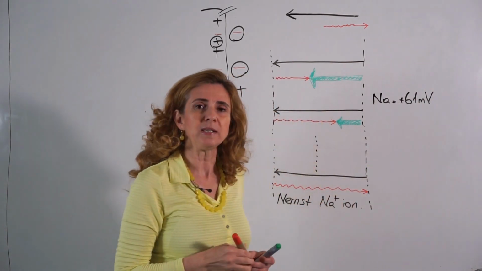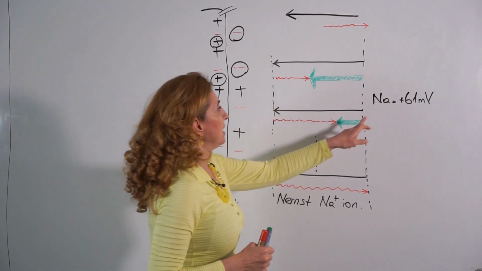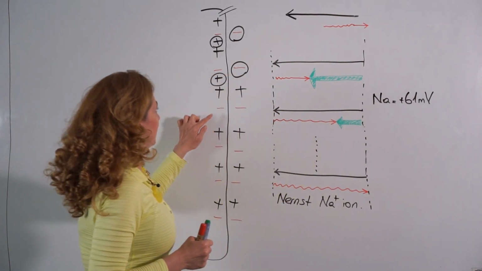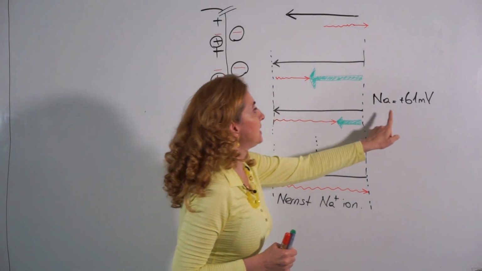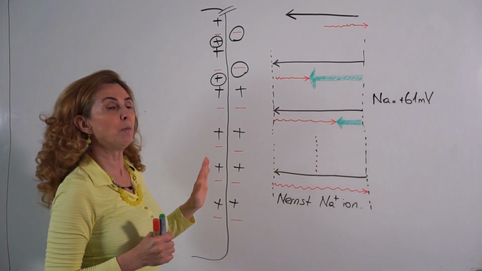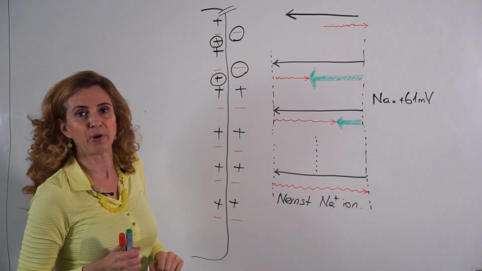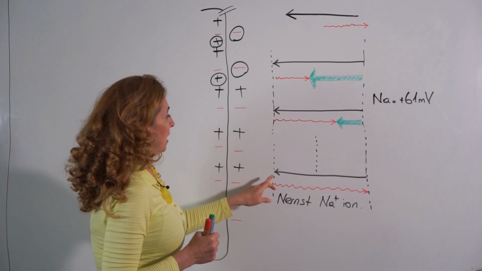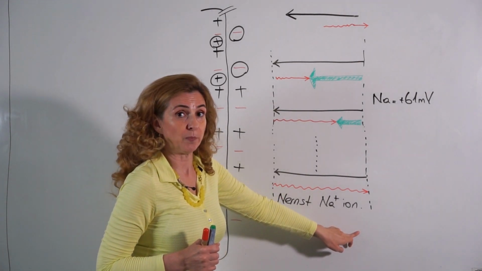So what does plus 61 millivolt mean? It means that when the inner side of the membrane is 61 millivolt more positive compared to the outer side of the membrane, the net sodium ion movement is going to be zero.